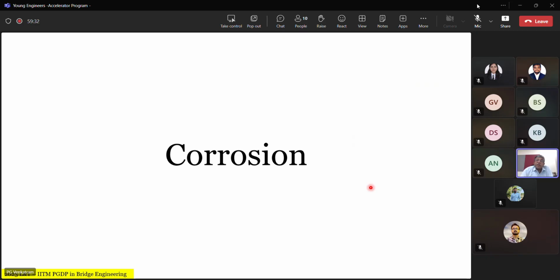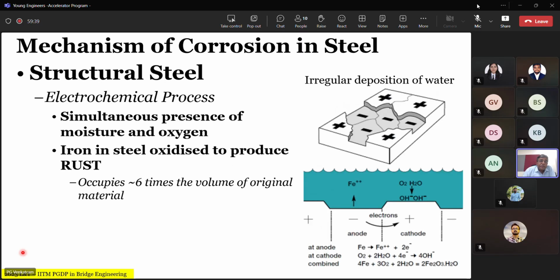This material called steel corrodes. So let us understand a little bit about the corrosion phenomenon itself. Now, it's basically an electrochemical process, and it requires the simultaneous presence of moisture and oxygen. Moisture and water are the same.